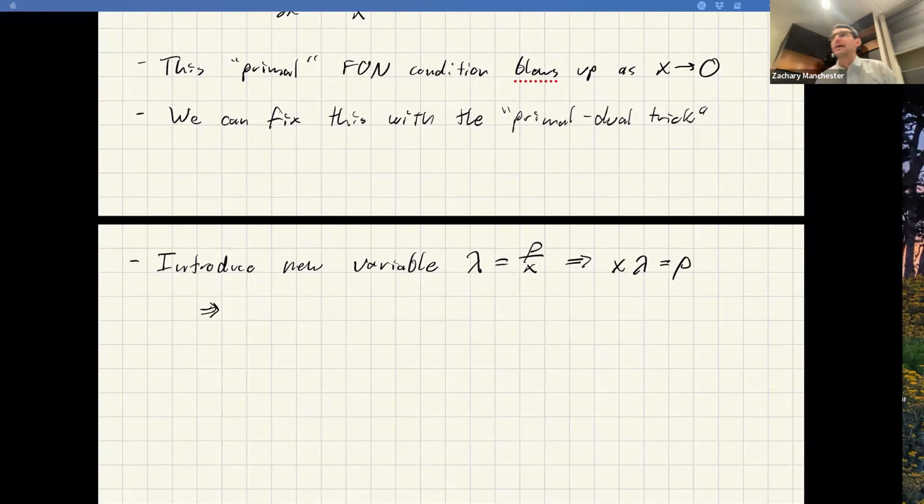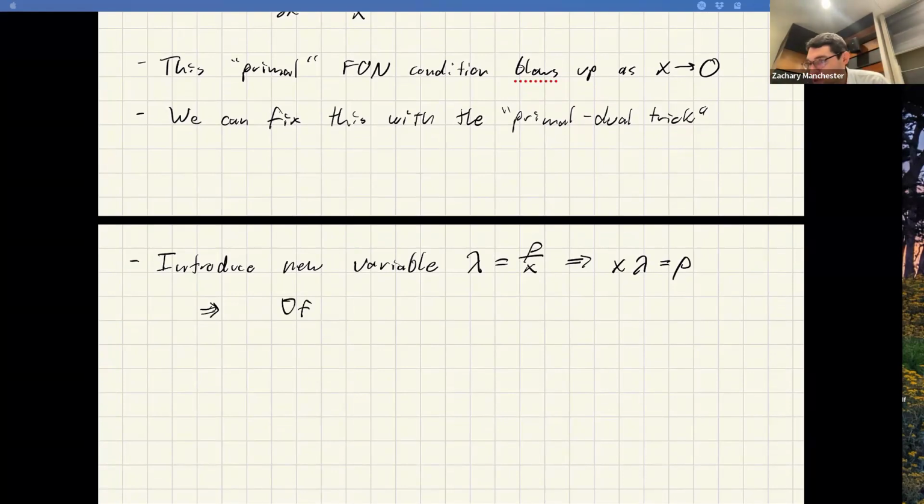Okay, so I'll now write this down. So we now have, instead of just x, two variables, and I made this just trivial substitution. What's different about this versus the complementarity we already saw? Equals rho instead of equals 0 now, right? Okay, so that's actually kind of a big deal.